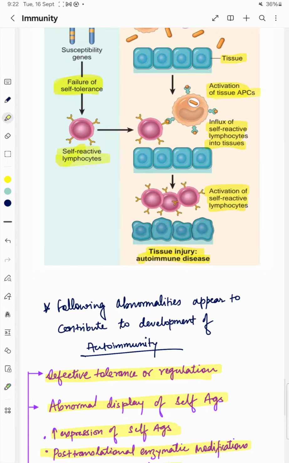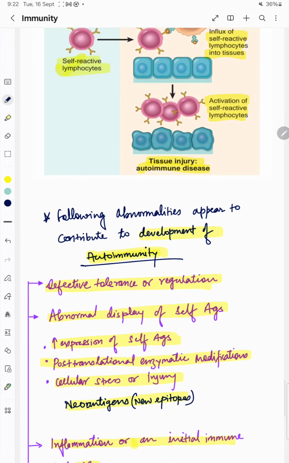There are certain abnormalities that appear to contribute to the development of autoimmunity. First is defective tolerance or regulation. Defective immune tolerance and regulation may result in the development of autoimmunity. Second, abnormal display of self antigen.